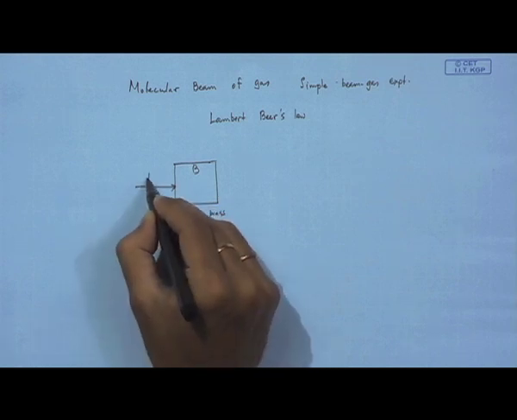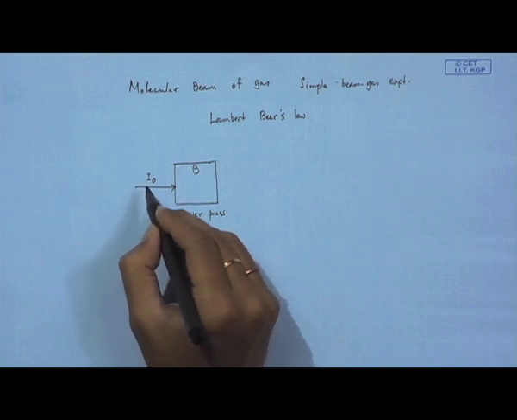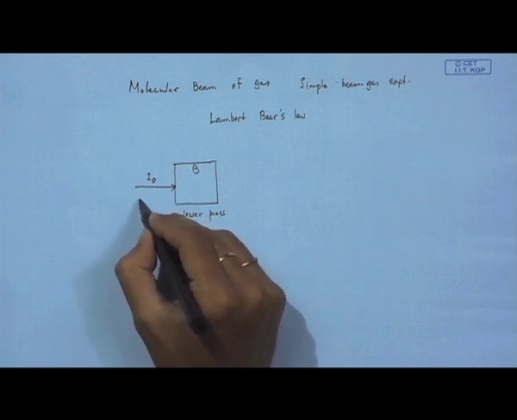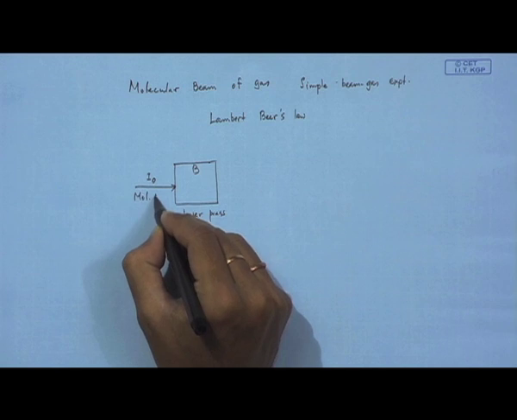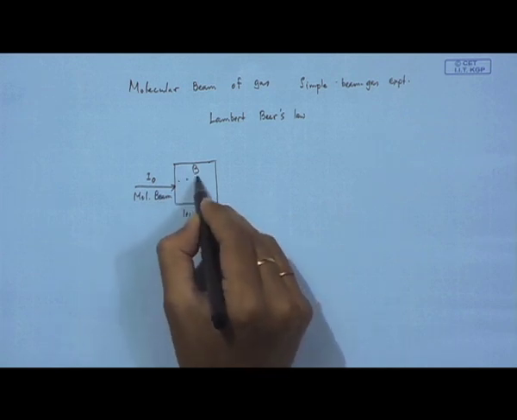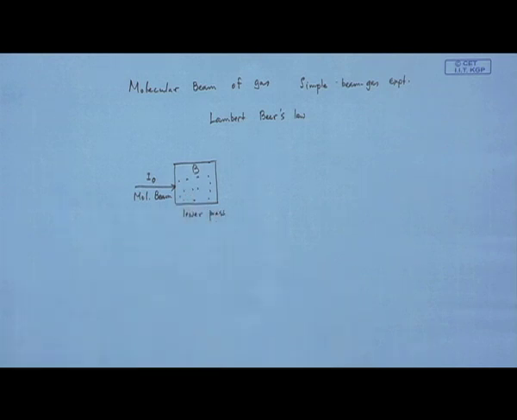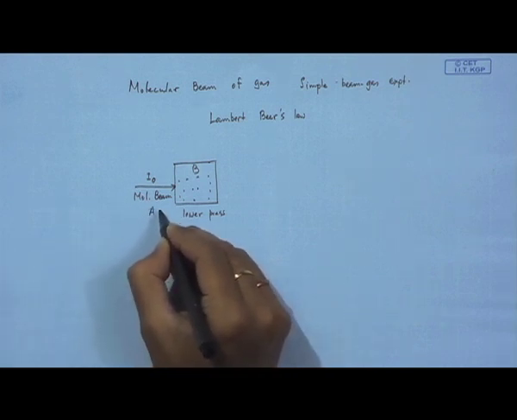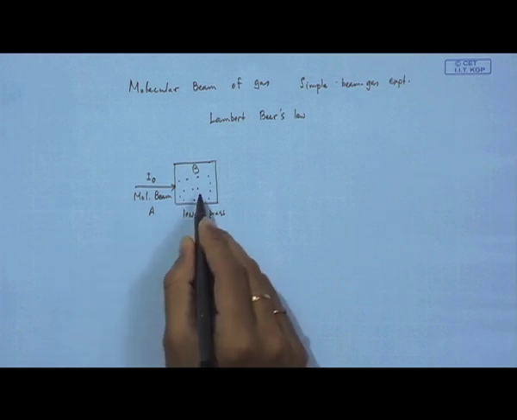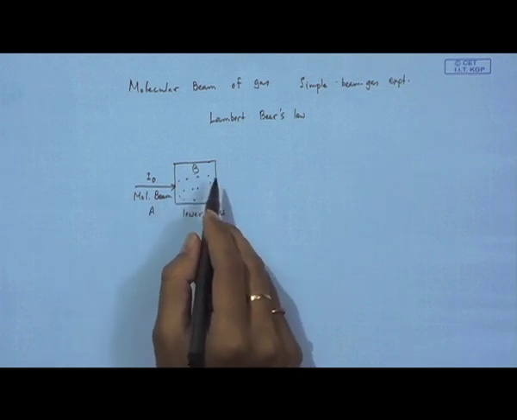So, this is I0, and it is a molecular beam, and here you have B inside. So, what is happening? If there is a reaction, then this A molecule will no longer remain A, it will combine with B.